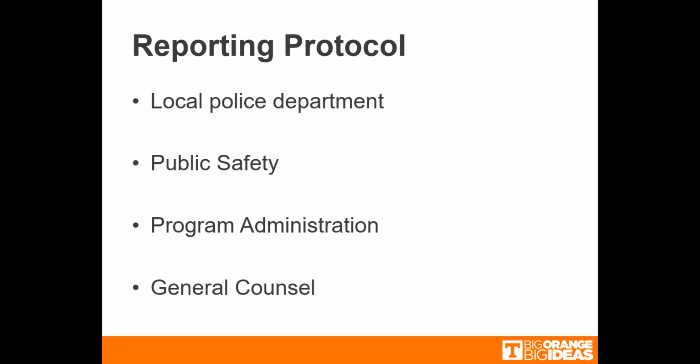Also provide that information to people in program administration, the people in charge of the program, just so they know what's going on and have that background. And then general counsel with the university is always good to let know, in case you need further protection. So this is the reporting protocol.